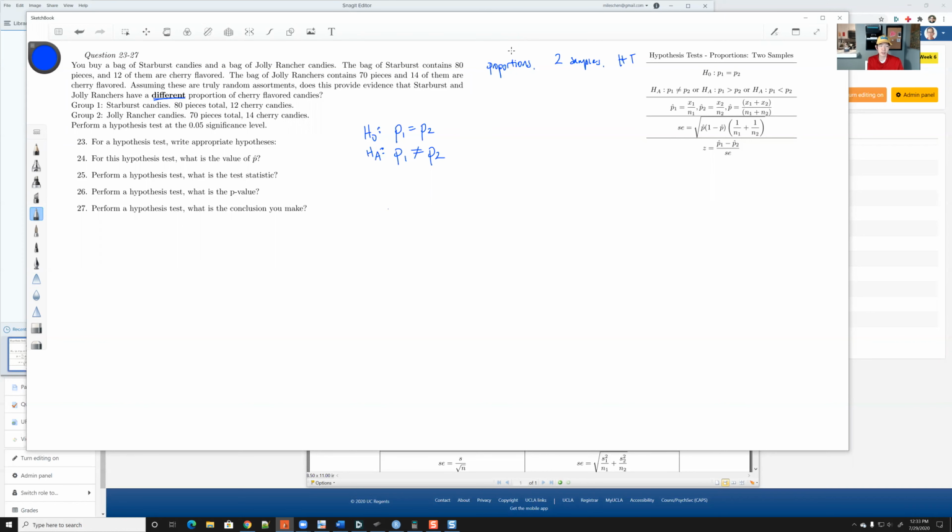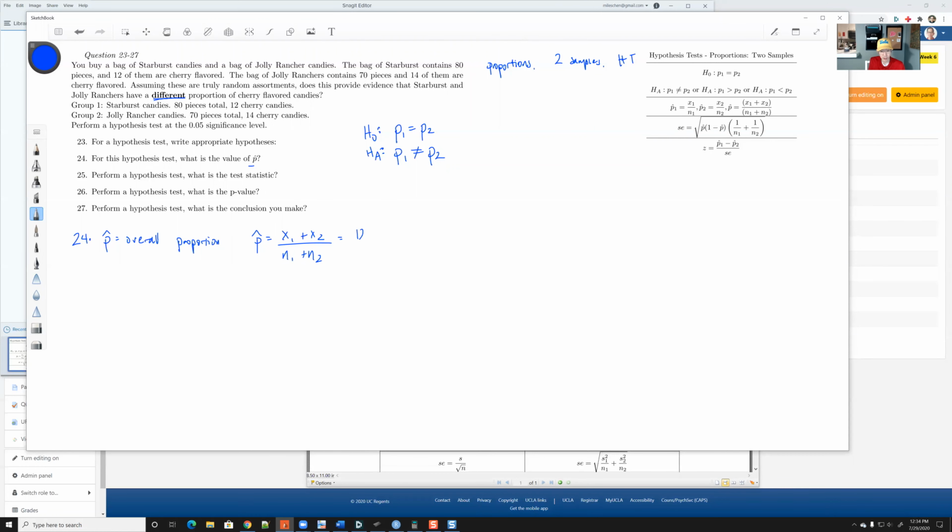All right, so for this hypothesis test, what's the value of p hat? P hat is the overall proportion, which is x1 plus x2 over n1 plus n2. This is like what proportion total are cherry flavored.